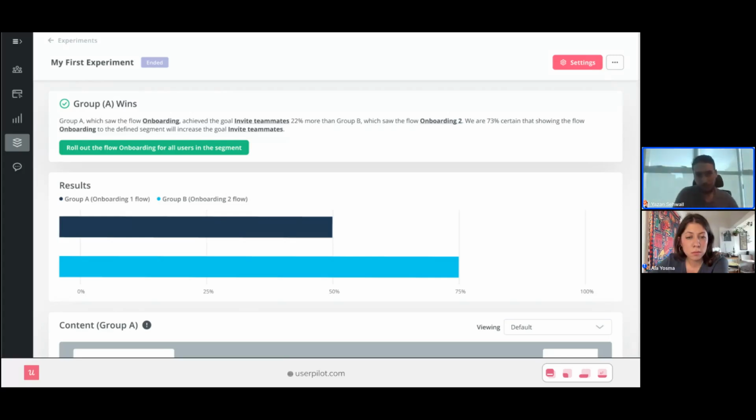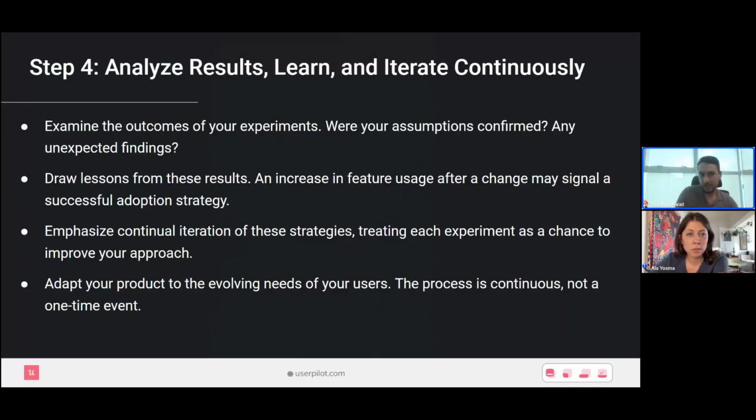Okay. And so yeah, finally, once you're done with this, you obviously confirm your assumption and look at your findings. Are you able to actually increase that feature usage? And obviously, a big part of this is an iteration process and a learning process as well.